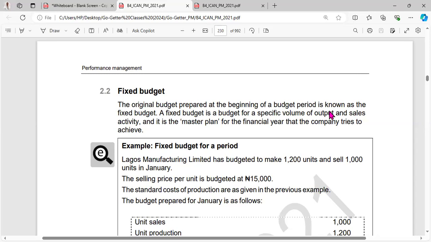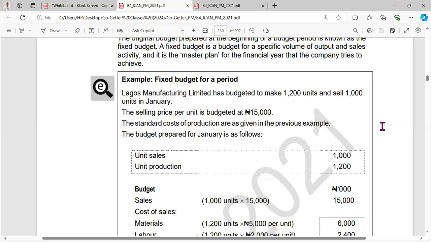Now, for example, Lagos Manufacturing Limited has budgeted, that's a fixed budget, to make 1,200 units. That is what they have budgeted to produce. And they have budgeted to sell 1,000 units. What it means is that out of the 1,200 it is going to make, it will sell 1,000 units.